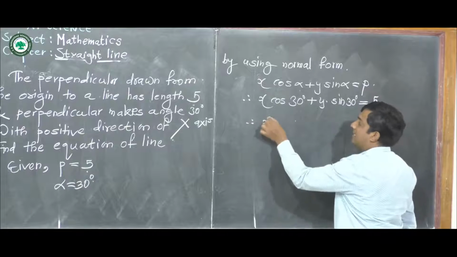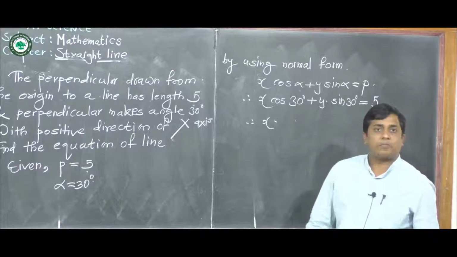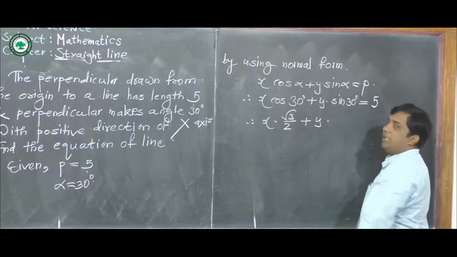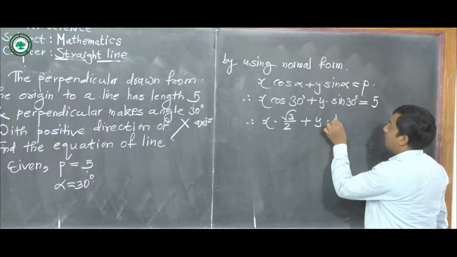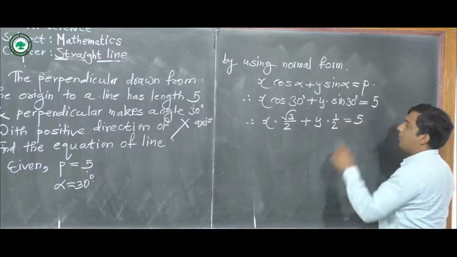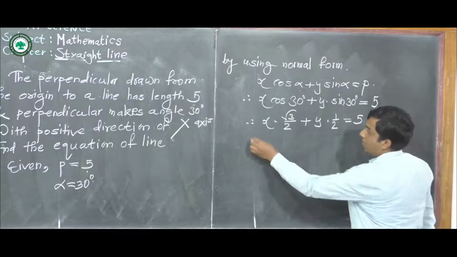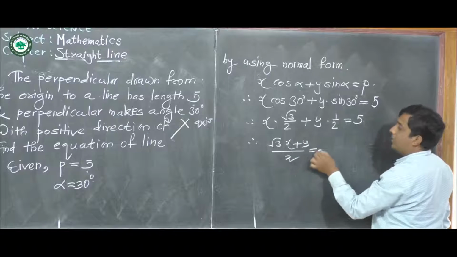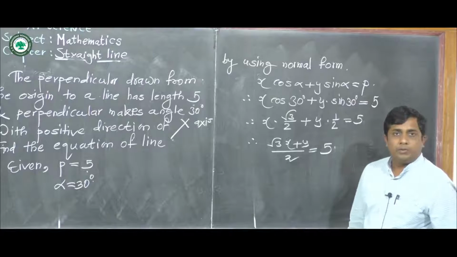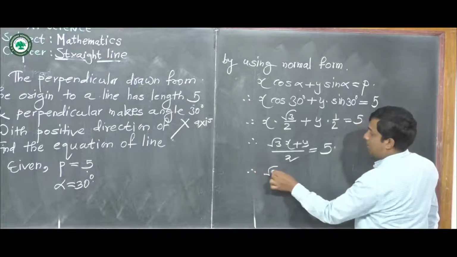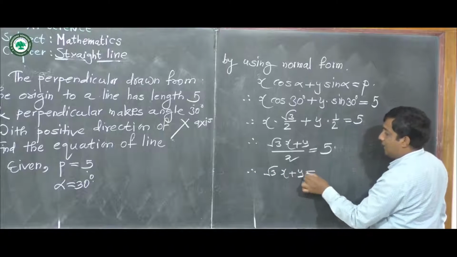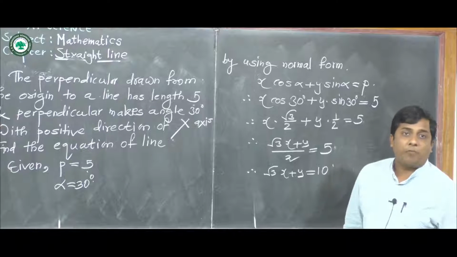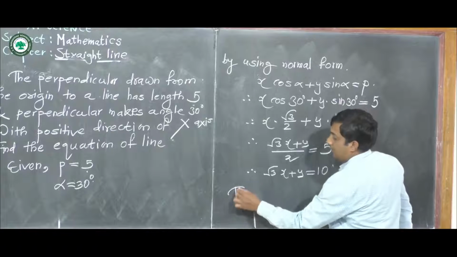Therefore, x into, everyone knows cos of 30 degrees is root 3 by 2, plus y into sine of 30 degrees is 1 upon 2, is equal to 5. Then we get root 3x plus y, divided by 2, equal to 5. And lastly, we get root 3x plus y is equal to 10, and this is the required equation of the line.